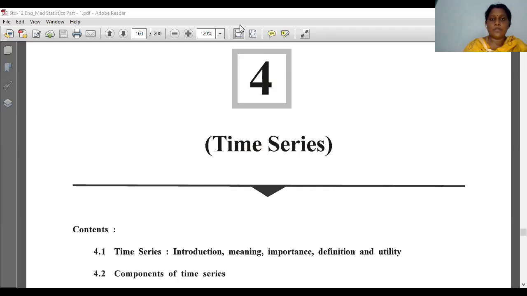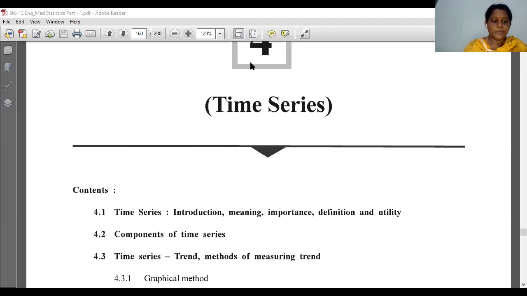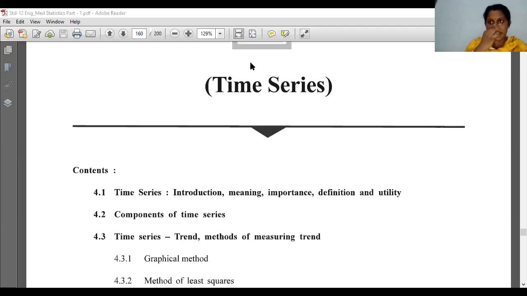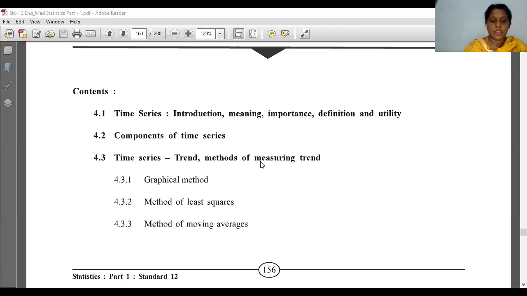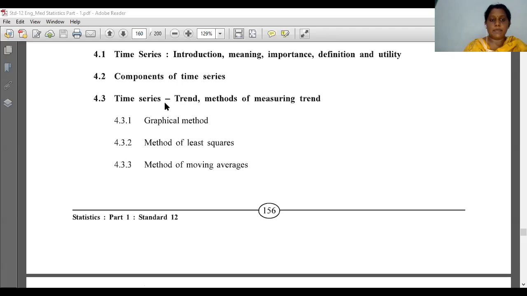So today we start with our fourth chapter. Our fourth chapter is time series. Let's see the contents. First is time series introduction: meaning, importance, definition, and utility. Then comes the components of time series. Then the time series trend and methods of measuring trend.